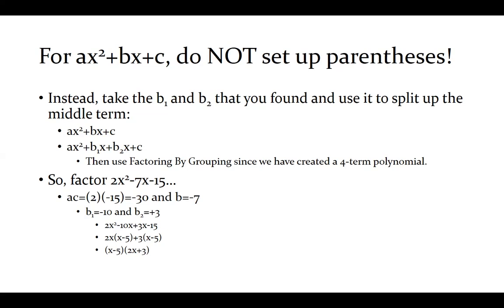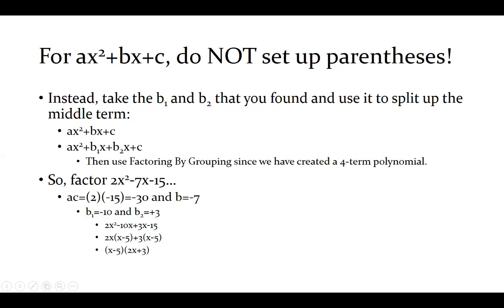Instead, we take the B1 and the B2 that we found and we use it to split up the middle term. That's why we're calling them B1 and B2. Because instead of plus bx in the middle, we're going to split it with the two numbers that added to be plus b1x plus b2x.